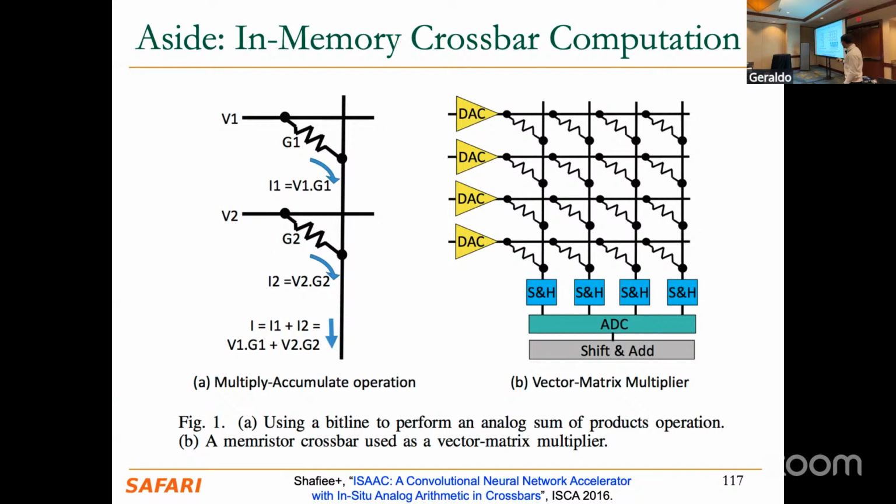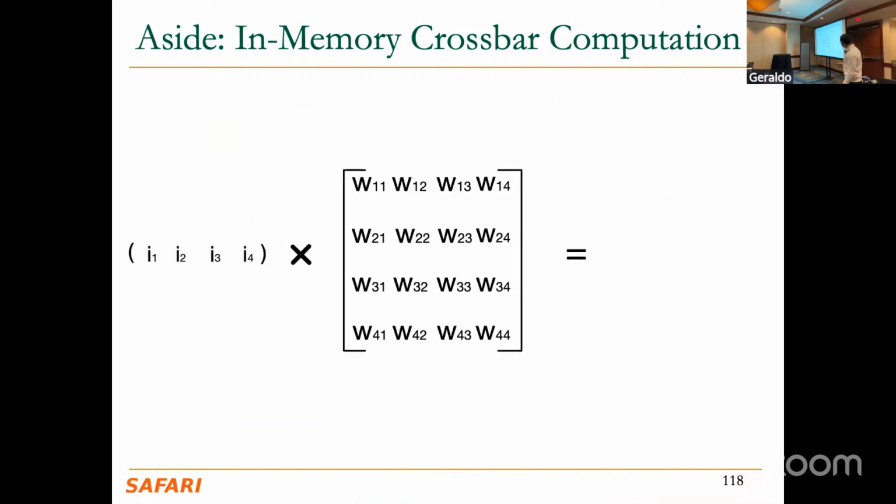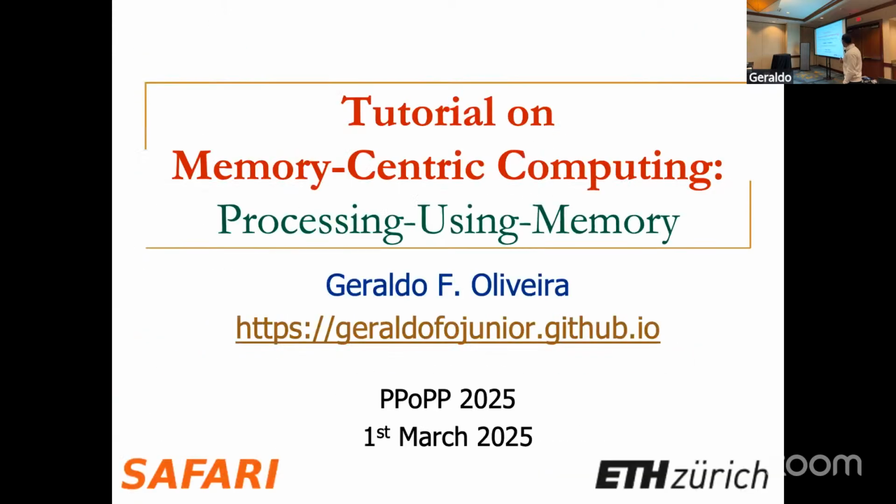Basically, the idea is to use Kirchhoff's law to do dot product operations. Again, I'm not going to go into details of this. So this was very quick, but I didn't want to delay Atterberg's talk. Hopefully you got the gist of what you can do with processing using memory.